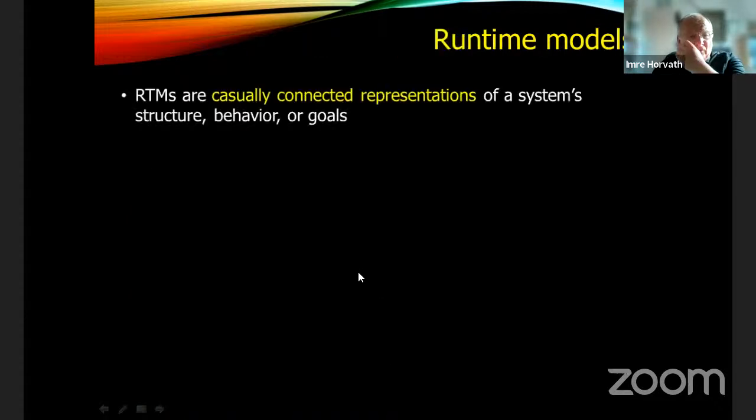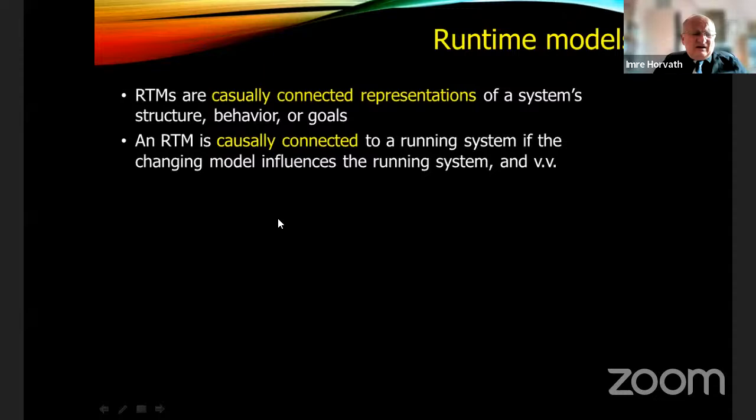So runtime models are causally connected representations of the system structure, behavior, and goal. The causality is important because with this runtime model, you want to reason and even learn new situations.